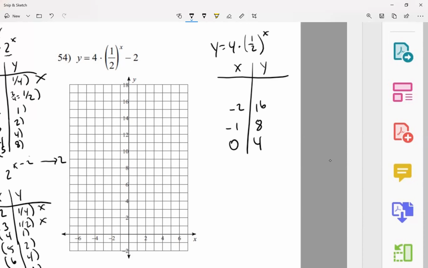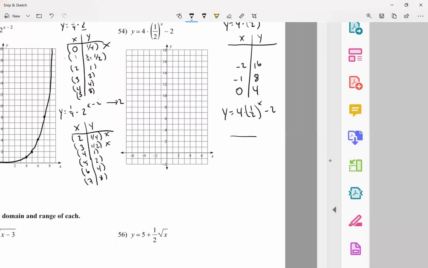Now I'm going to do y is equal to 4 times 1/2 to the x minus 2. Let me do this really quick. My y values are going to remain the same. But from my x values, I'm going to subtract 2. So 14, 6, 2.